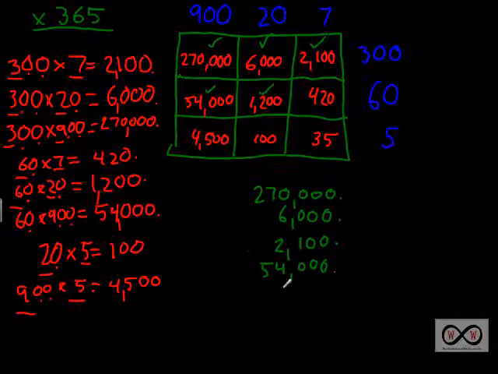Plus 1,200. You can see how these places are all lined up. Plus 420. Plus 4,500.